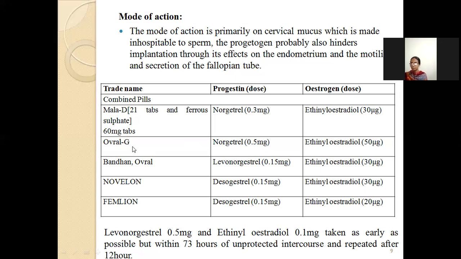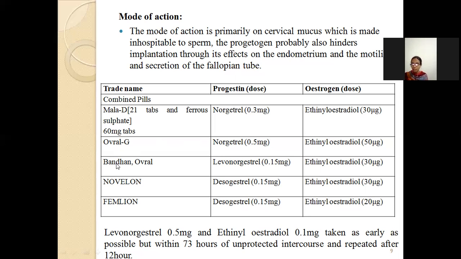And the second one, Overal G, the progesterone level is 0.5 mg and the estrogen level is 50 micrograms.